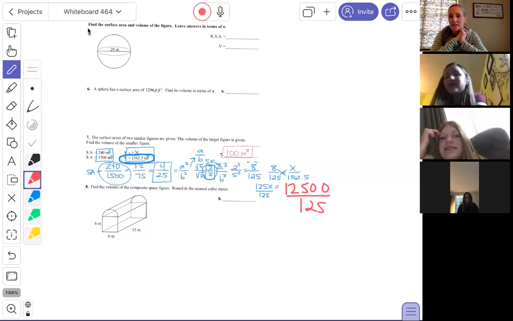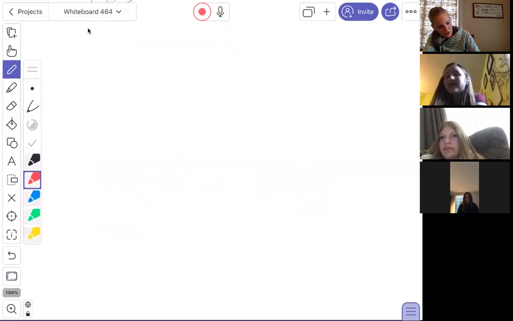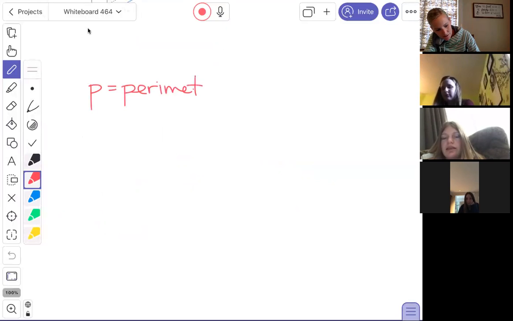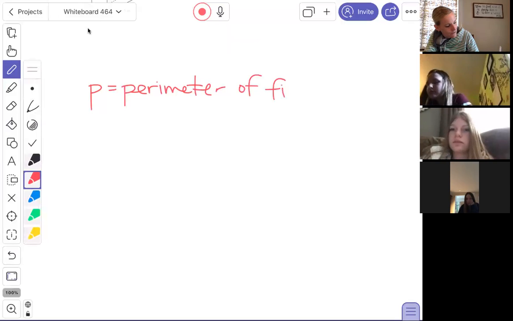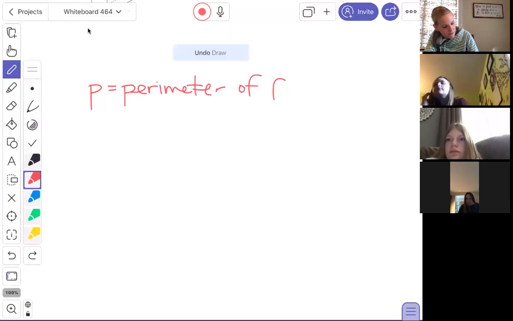Okay, well, here's the thing. The formulas are going to be sitting in front of you while you take the test. These are the things you need to make sure of. You need to make sure that you know that when you see a P, they're talking about the perimeter of the base of the figure.